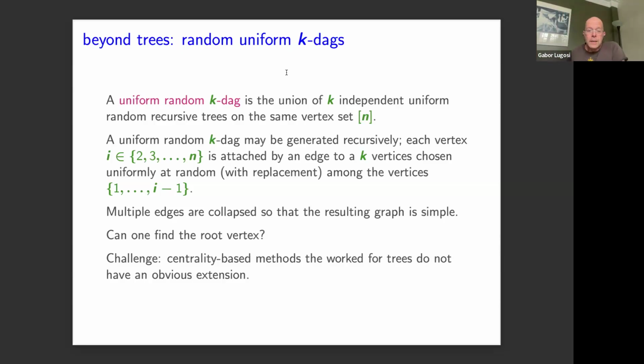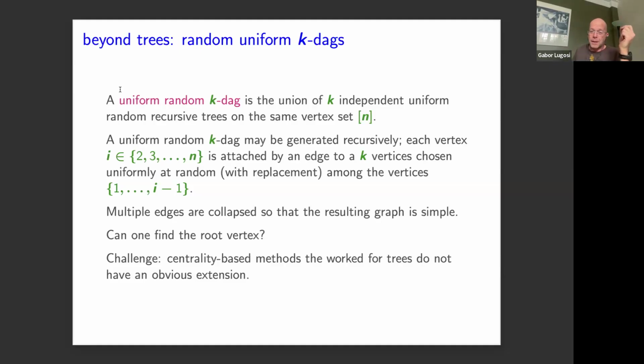So the simplest possible extension that we could think of was the uniform attachment model, in which when a vertex arrives, it connects not to one parent but k parents. The preferential attachment version of this is exactly the Albert-Barabási model, but let's first look at just the uniform attachment model.